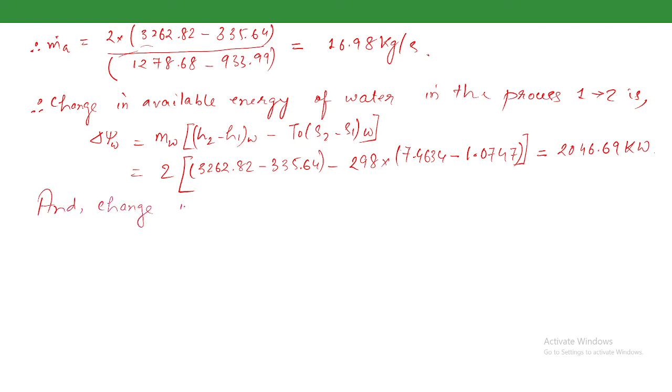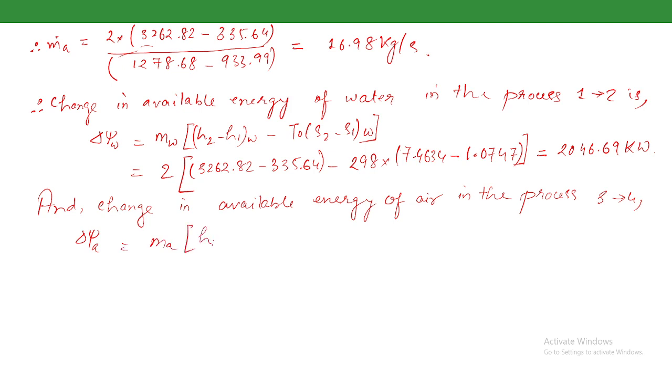change in available energy of air in the process 3 to 4 is delta psi air, mass flow rate of air times H4 minus H3 for air, minus T naught times S4 minus S3 for air.